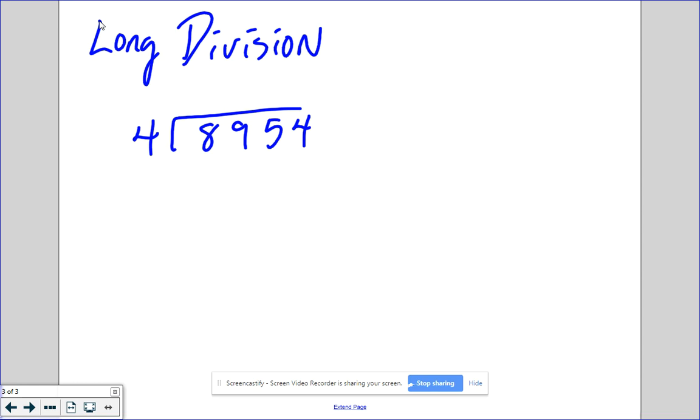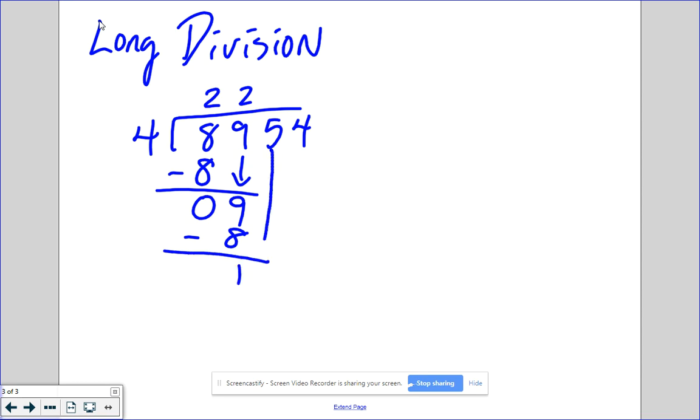So we start and see how many times does 4 go into 8? Twice. 4 times 2 is 8. And then what do I do? So that's 0. Bring down the 9. 4 goes into 9 2 times. Remainder of 1. Bring down the 5.